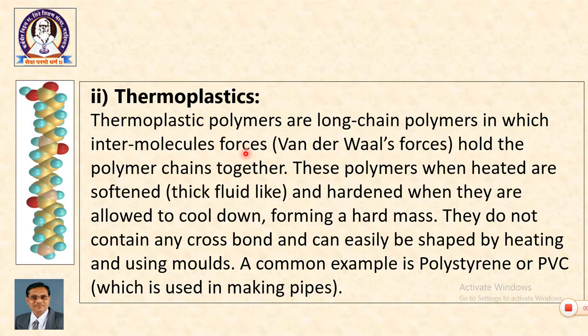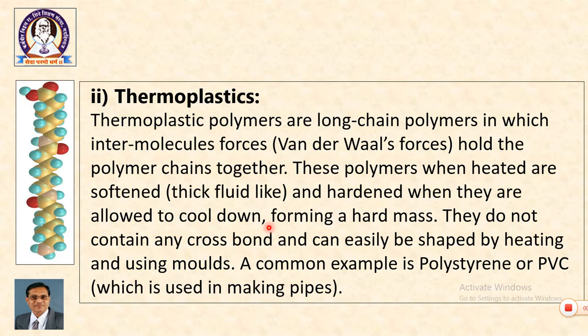Then there is a class called thermoplastics. As the name suggests, it is related to temperature. Thermoplastic polymers are long chain polymers in which intermolecular forces, that are weak van der Waals forces, hold the polymeric chain together. These polymers, when heated, get softened and get hardened when they are allowed to cool down.